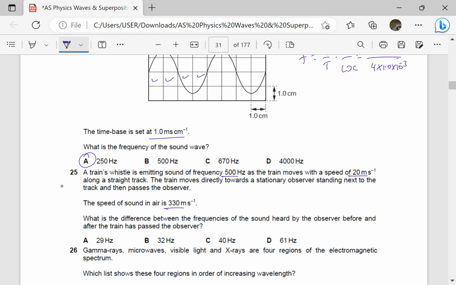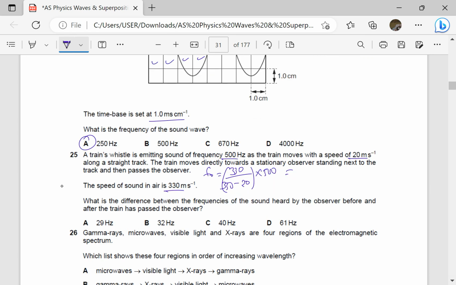So towards, the observed frequency is going to be the speed of sound 330 divided by 330, and because it is towards, the frequency is higher, so I would say minus 20, then times 500.